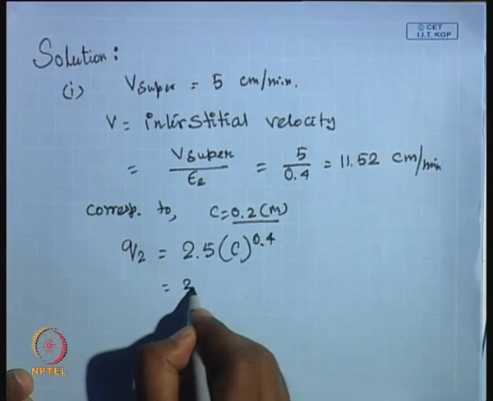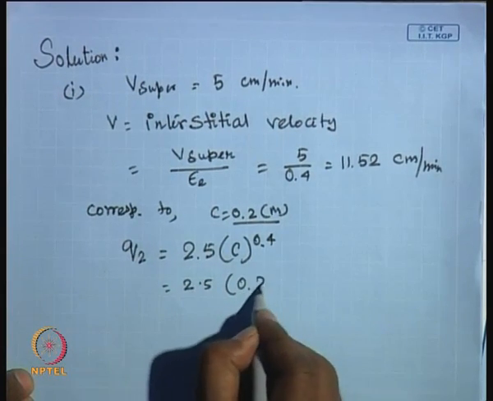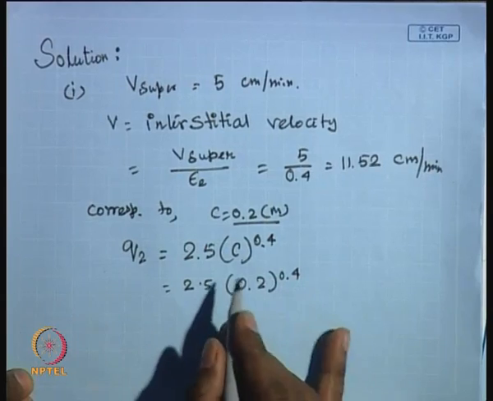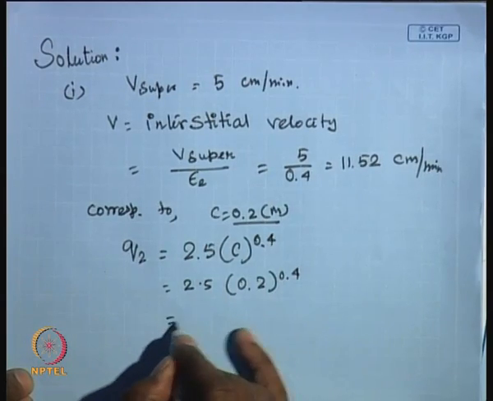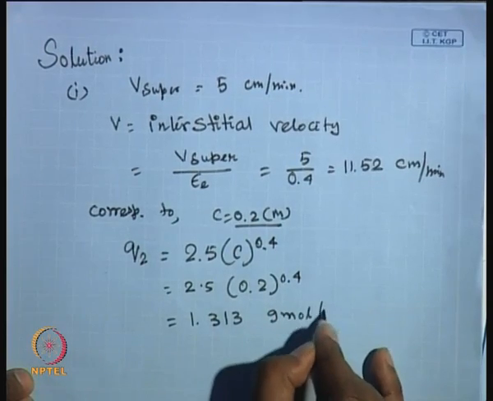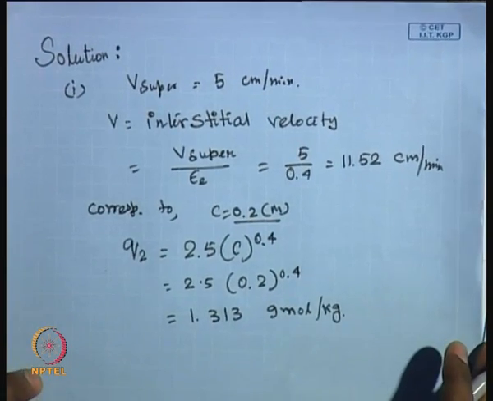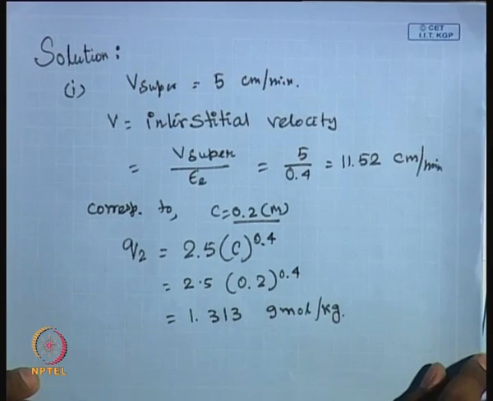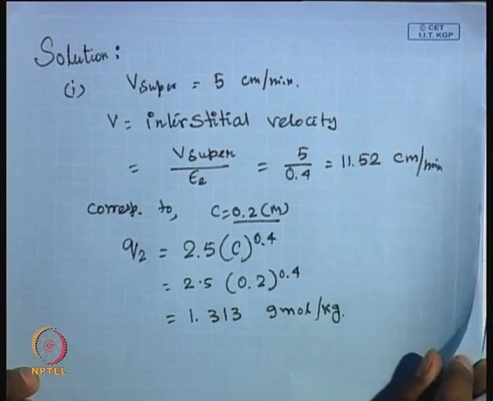So, this turns out to be 2.5 into 0.2 raised to the power 0.4, and this turns out to be 1.313 gram mole per kg. Okay. Now, you are in a position to get the velocity of the shock wave.